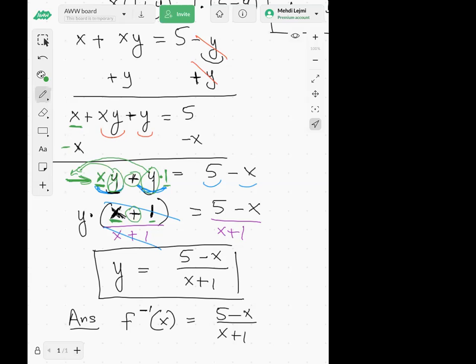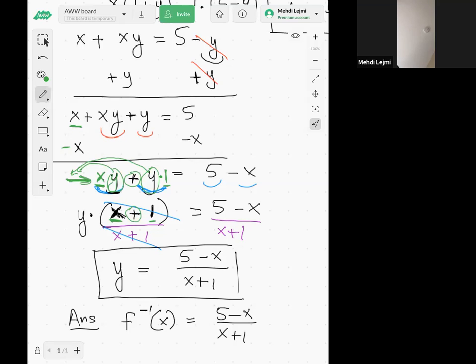Perfect. Is there any other question, guys? Okay. Cool. So that's how we find the inverse in general. Now, as I said last week, sometimes you cannot always solve for y.